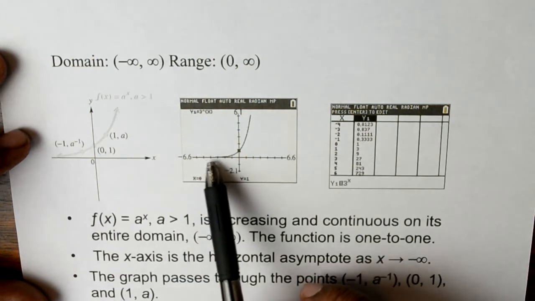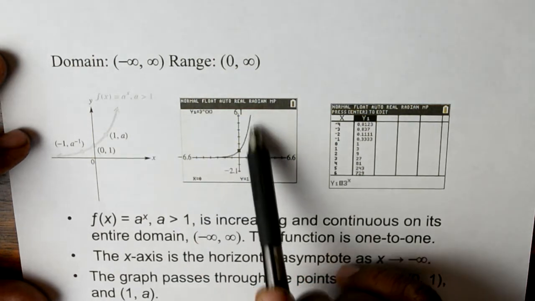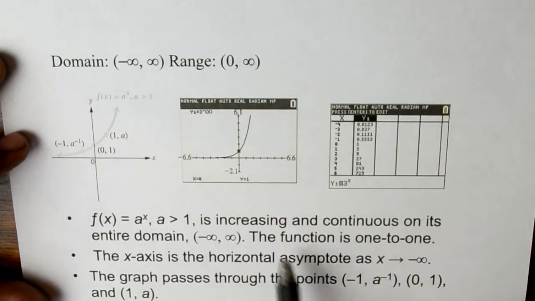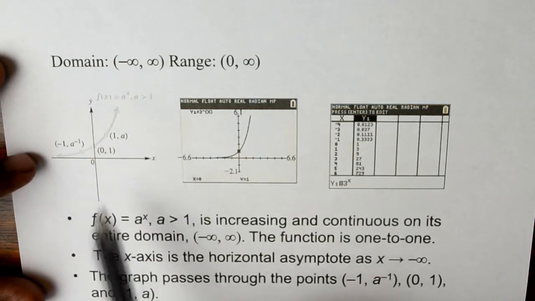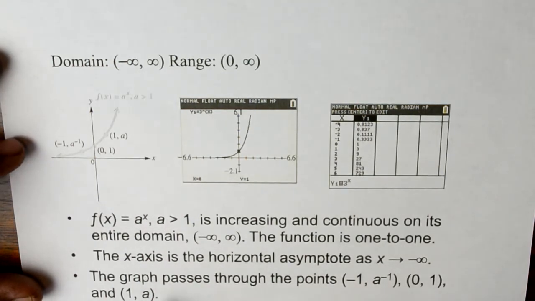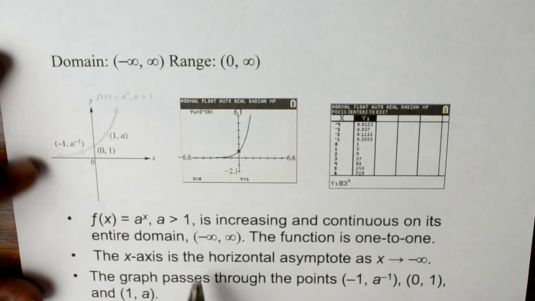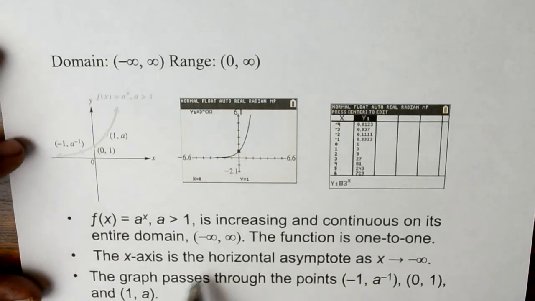This particular function takes this shape, and it's increasing and continuous over the entire domain. This is also a one-to-one function. The x-axis serves as a horizontal asymptote, and the graph passes through the points -1, a to the negative first power, 0, 1, and 1, a.